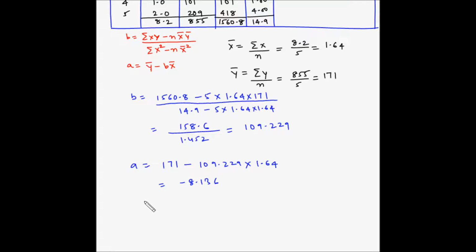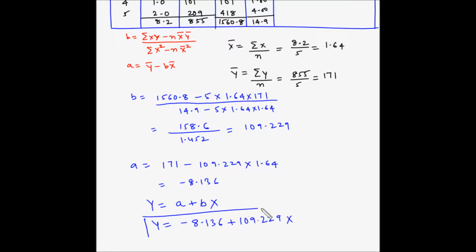Now as we had seen earlier, the equation of the regression line is y is equal to a plus bx. So here let's plug in these values. So y is equal to minus 8.136 plus b, which is 109.229x.